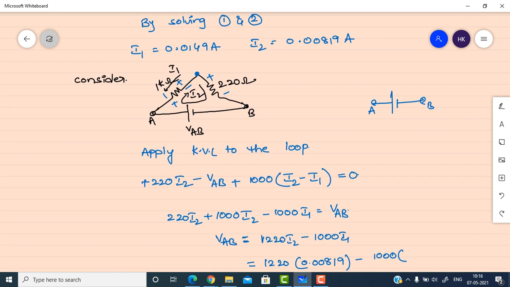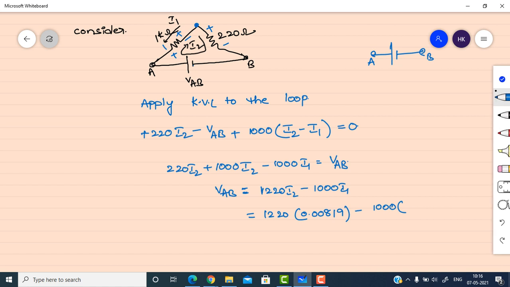I1 value 0.0149. This 819 we can write it as 82. Solve this and tell me the VAB value.